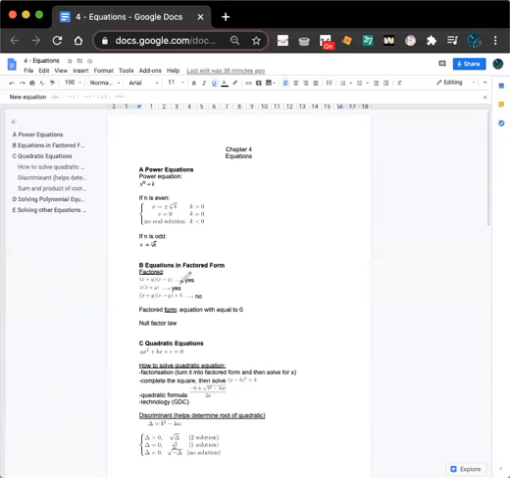And now on to the next one. We have equations in factored form. When they refer to the word factor, usually the equations would be in the form of brackets and numbers.